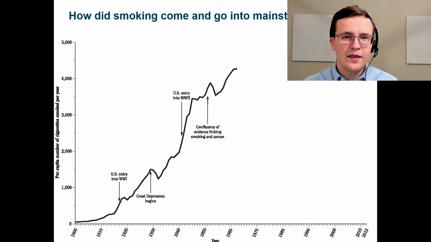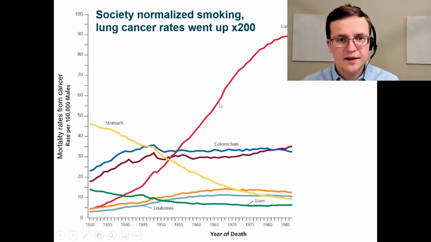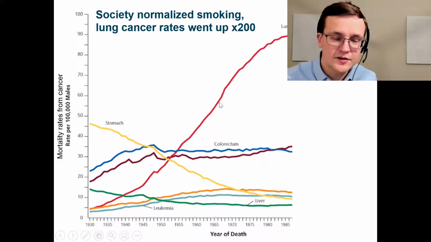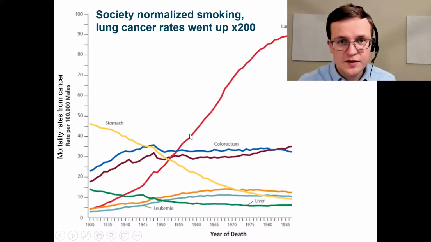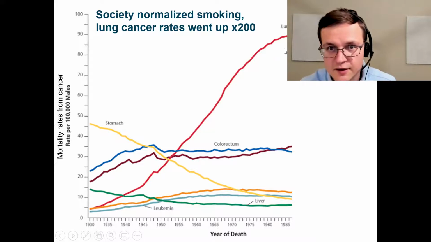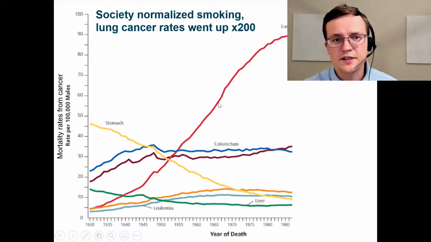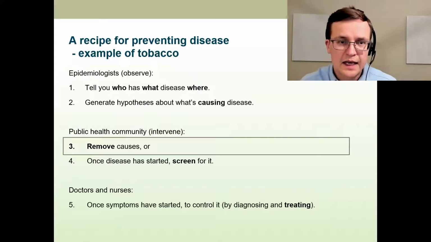And then after a slight lag of perhaps a decade or two or three, we see the same pattern of going up for the rates of lung cancer, which is the red line, while other cancers were either flatlining or even coming down. So that increase in lung cancer was entirely due to the increase in smoking, nothing else.